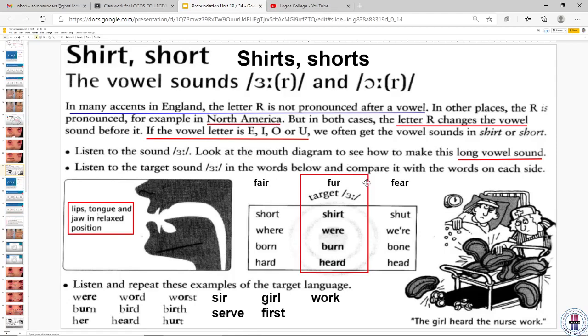First, let's look at the sound. So again, this is a long vowel sound. I'm going to read these words for you so you can hear the difference between the sounds. Fair, fur, fear. Short, shirt, shut.